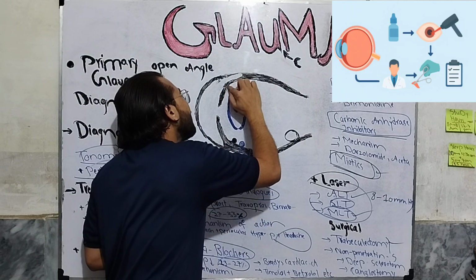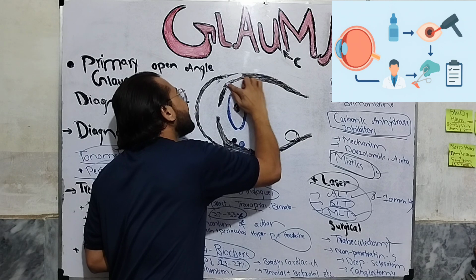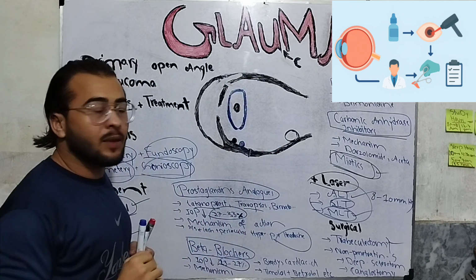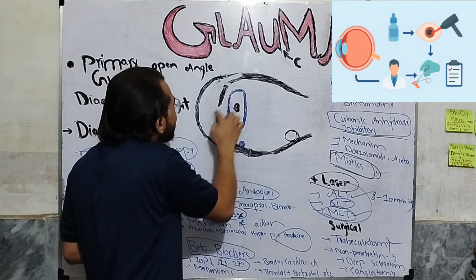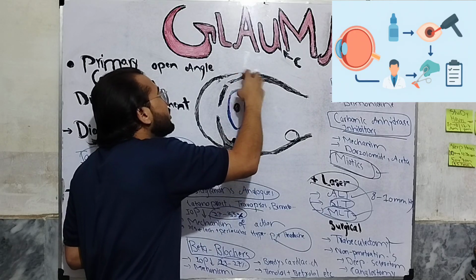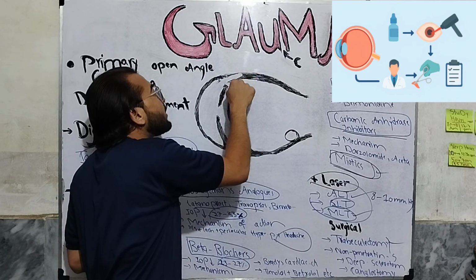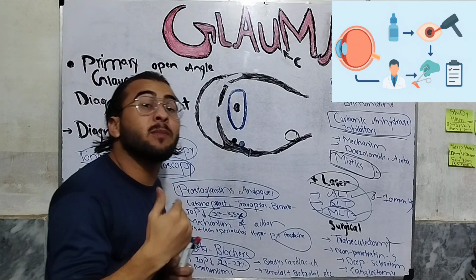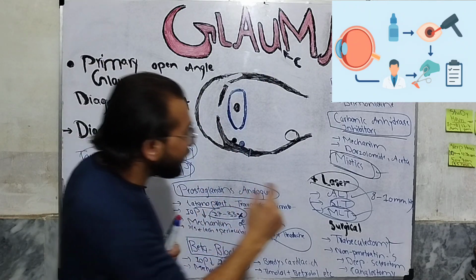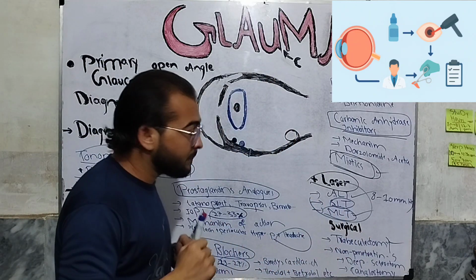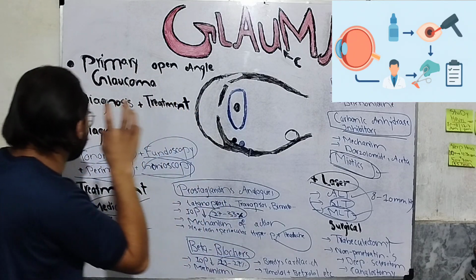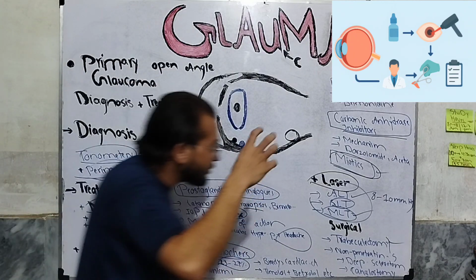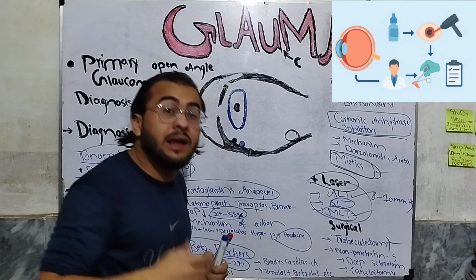Iridectomy means we are also removing some part of the iris, the peripheral iris. So it will bypass the pupil, and the fluid will be drained directly from the posterior chamber into the anterior chamber and then to the subconjunctival space. This is called trabeculectomy.